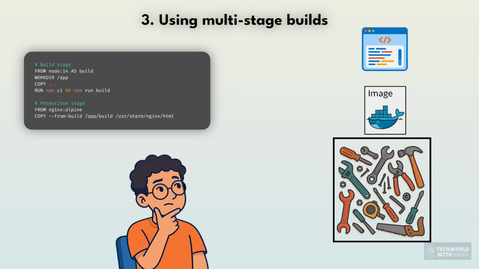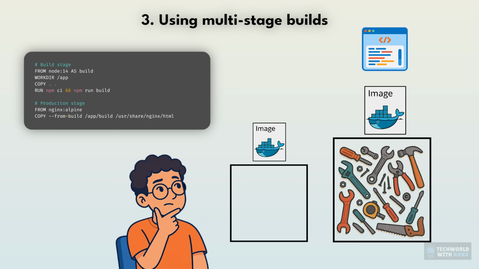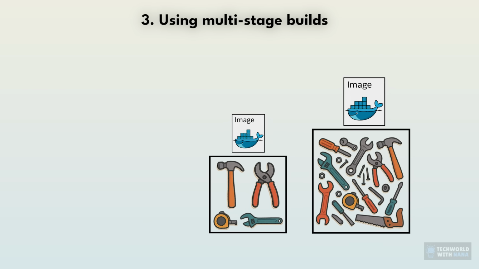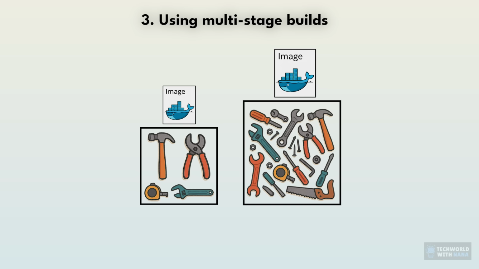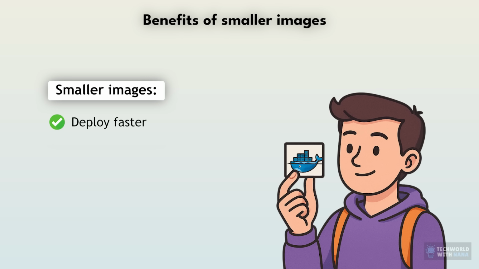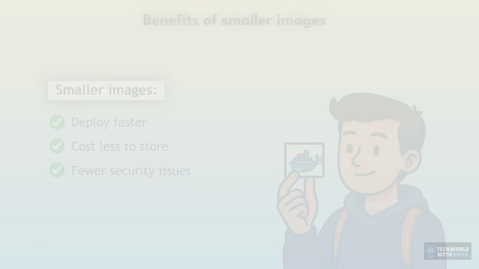Then you simply copy the finished product to a clean, minimal image that doesn't have all these extra tools that we don't need. And you can see in practice, this can shrink the image sizes dramatically, sometimes from 1 gigabyte down to less than 100 megabytes. Smaller images deploy faster, they cost less to store, and also very important, they have fewer security issues because the number of tools and the attack surface is just smaller.